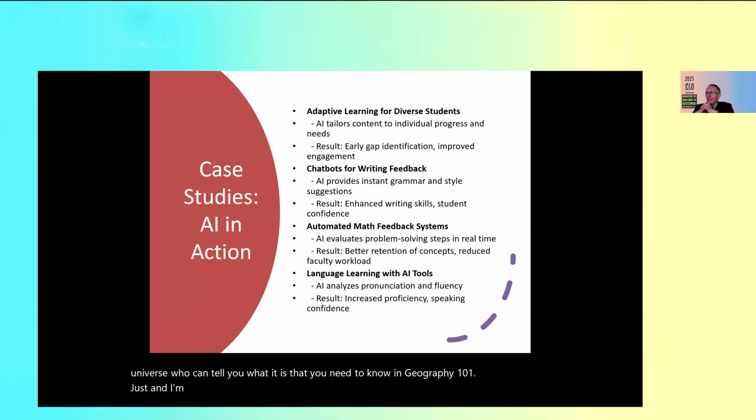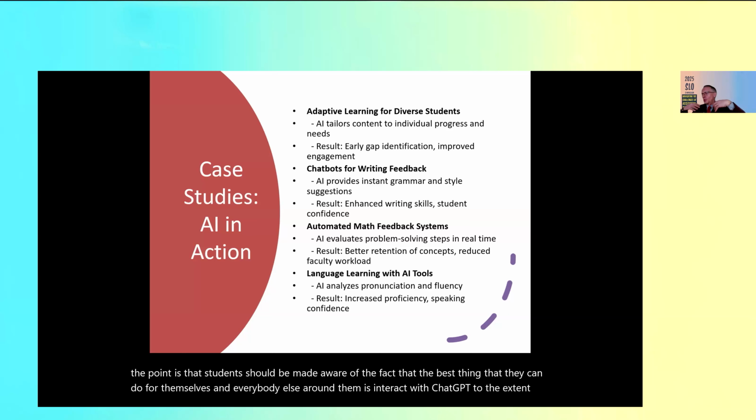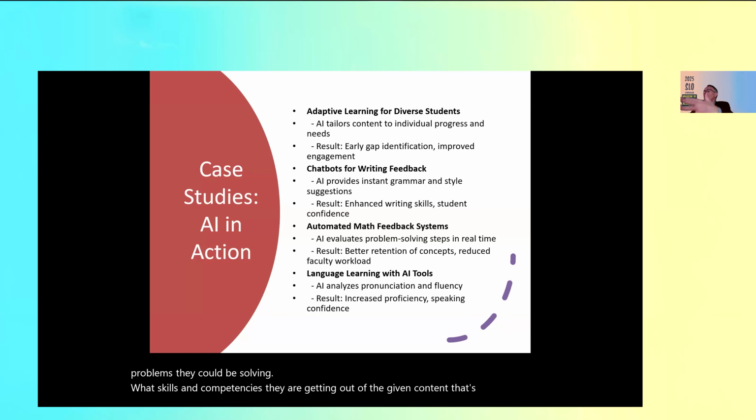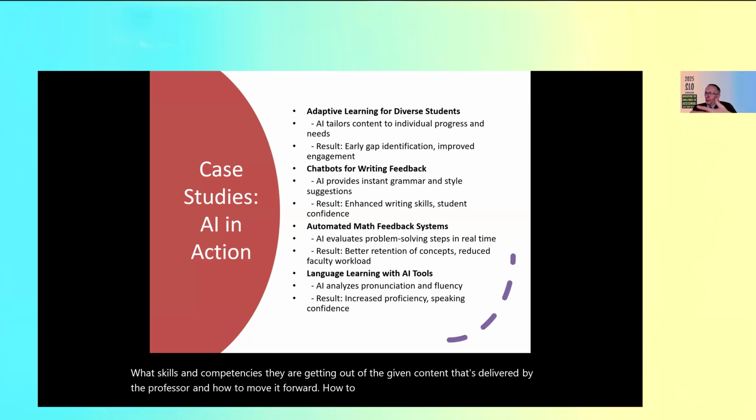I don't mean to pick on geographers or any other discipline, but students should be made aware that the best thing they can do for themselves and everybody around them is interact with ChatGPT to understand why they are studying what they are studying, what types of problems they could be solving, what skills and competencies they are getting out of the content delivered by the professor, and how to move it forward, how to make the world a better place.